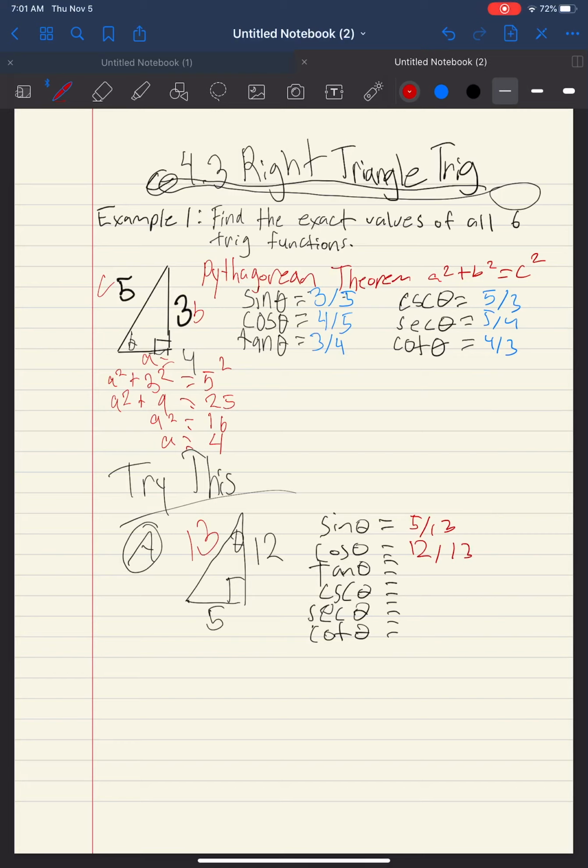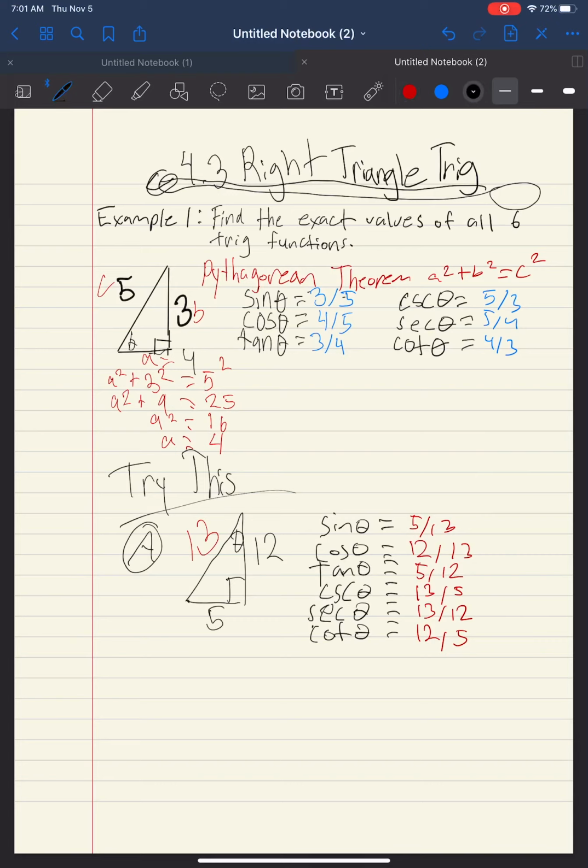Tangent is opposite over adjacent. And then cosecant is just 13 over 5, the reciprocal of sine, and then the reciprocals of cosine and tangent.